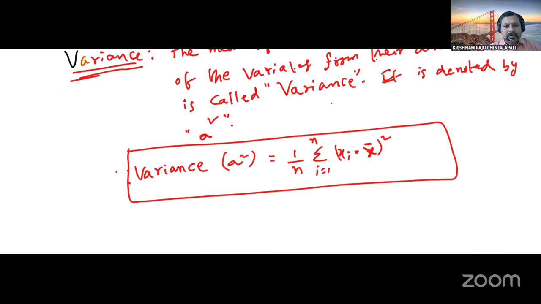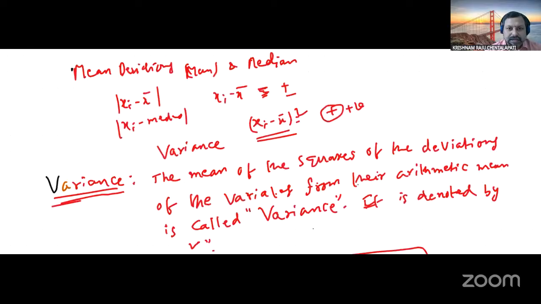In previous classes, we found the mean deviation with respect to mean and median, where the deviation is xi minus x bar. When finding xi minus x bar, you may get a plus sign or negative sign. Suppose you didn't use absolute value, meaning modulus signs.